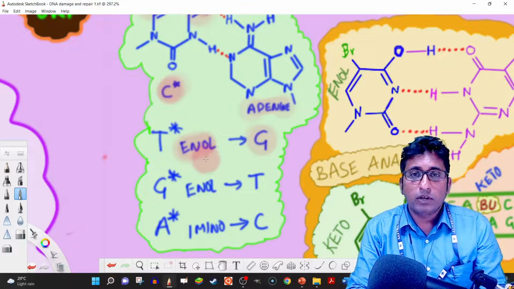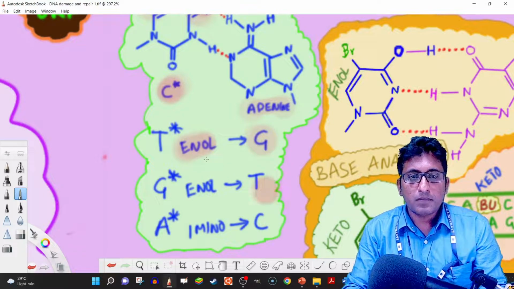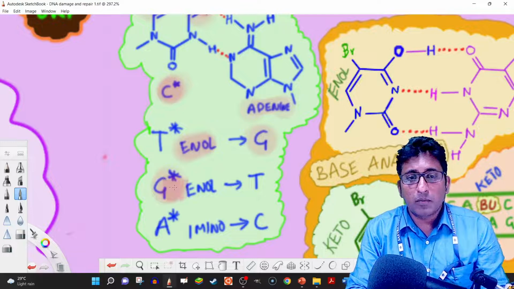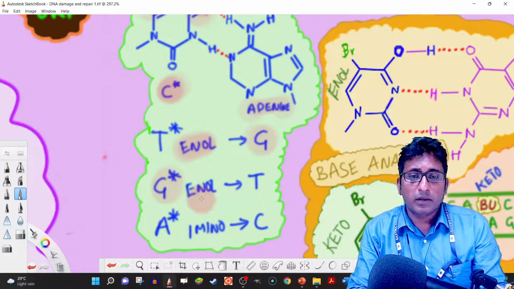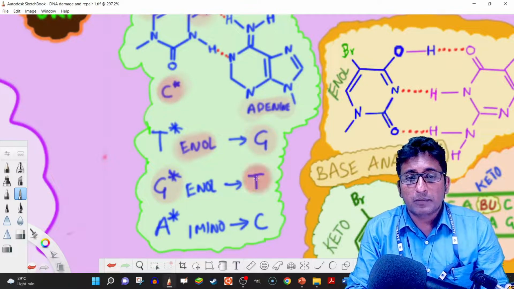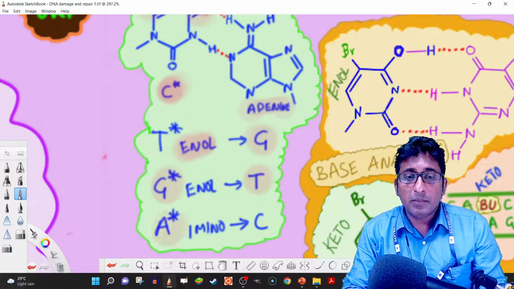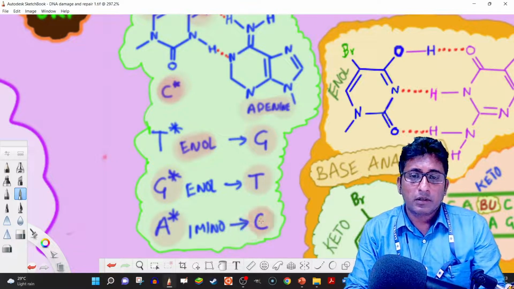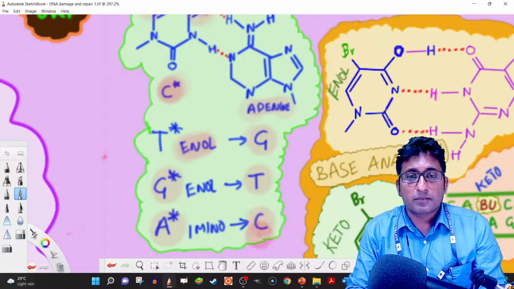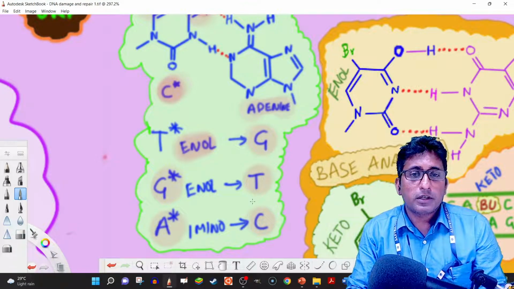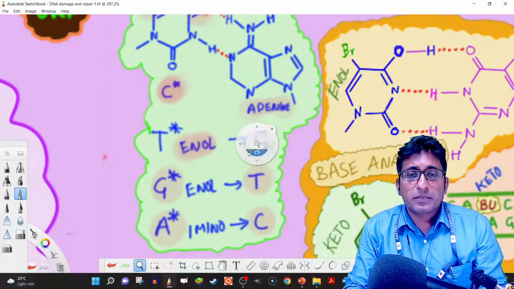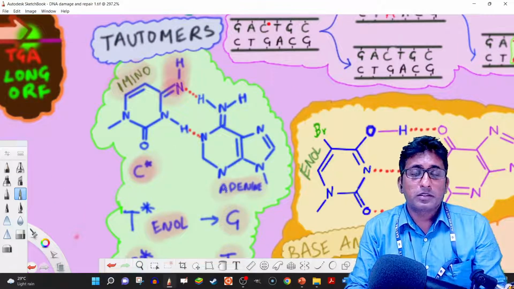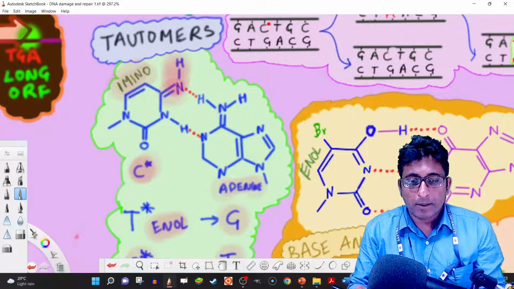Normally thymine would base pair with adenine. Similarly, the enol tautomeric form of guanine base pairs with thymine, and the imino form of adenine can base pair with cytosine.